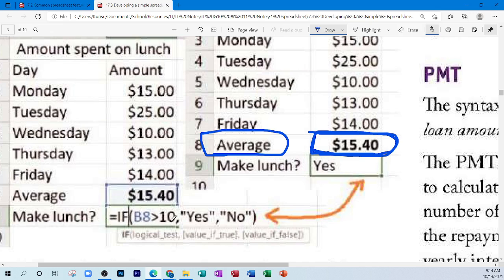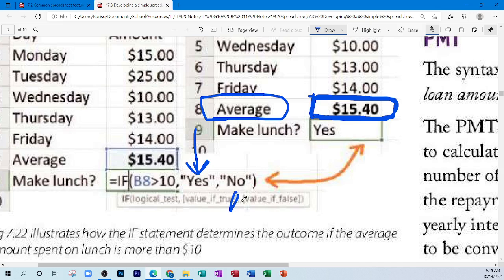Is cell B8 greater than 10? And that's this cell here. If cell B8 is greater than 10, if it is true, the true part of the syntax will be carried out. If it is not true, if it is false, then you would have seen a no.